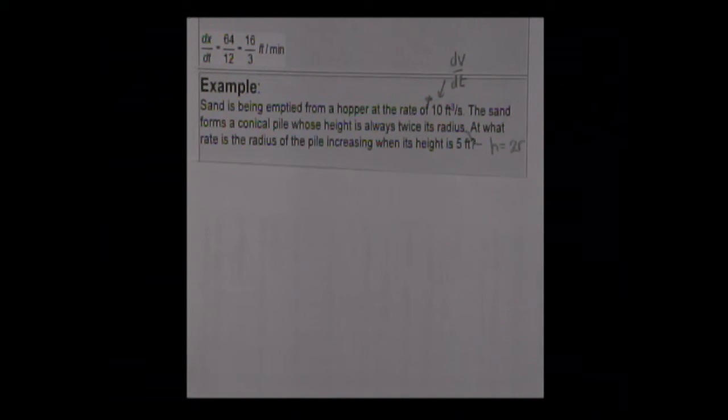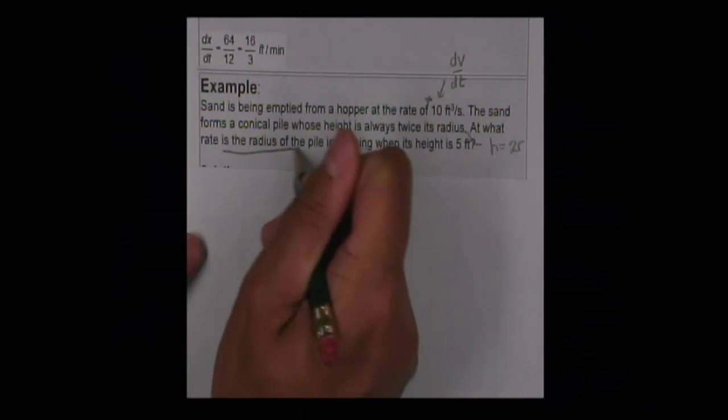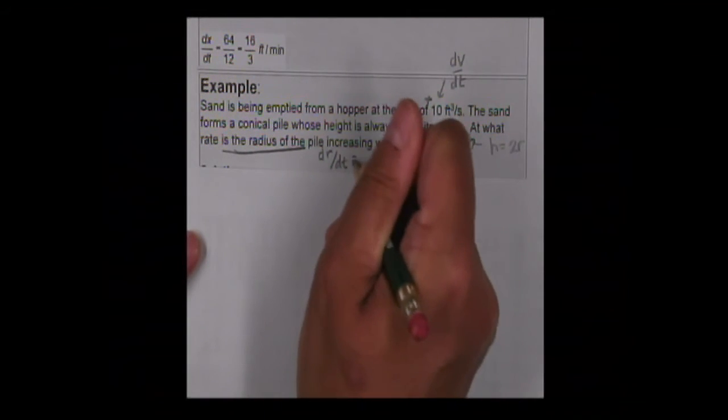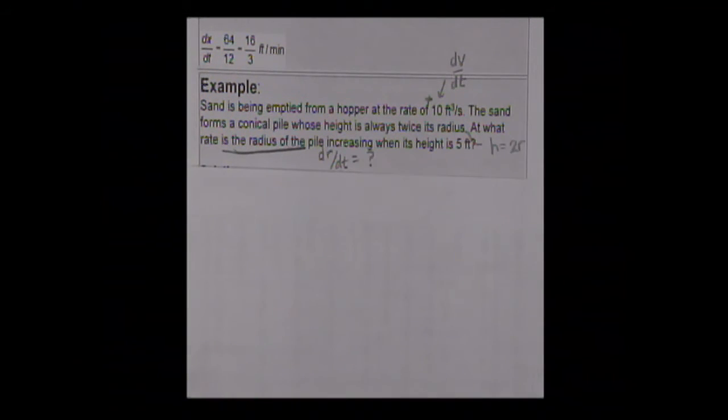So when I look at this, this is telling me I want the rate of the radius. That's my goal, is to get dr/dt. I'm going to tell you, all these cone problems are done pretty much the same. There's kind of two versions we'll see, and this is the easier version.